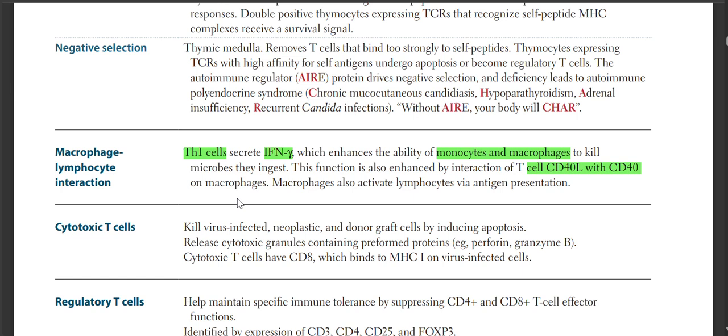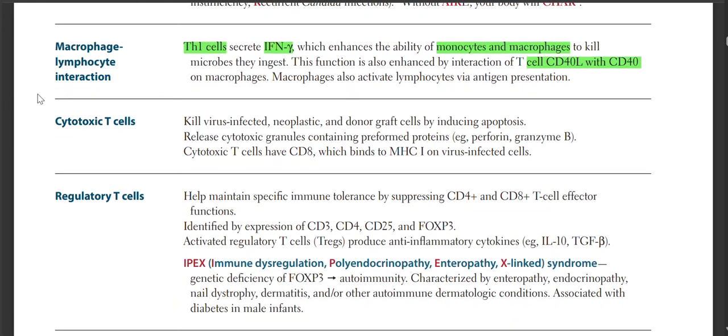So it's a constant loop. Let's say a macrophage phagocytoses a bacteria, it presents the antigen to the lymphocyte. Maybe then the lymphocyte attaches the CD40 ligand to the macrophage, supercharging the macrophage, or it secretes interferon gamma, which activates the macrophage to go phagocytose other bacteria. So it's a loop.